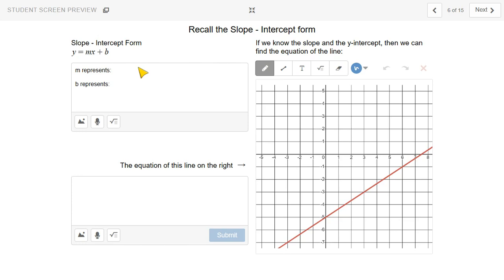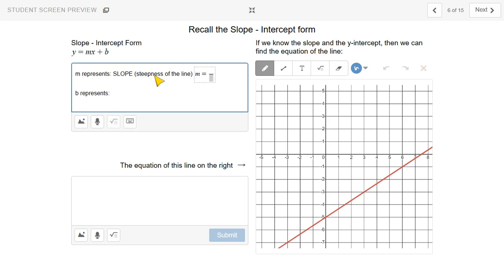All right, our next slide here, slope y-intercept form. Once again, let's remember that m represents the slope. The slope is the steepness of the line. And we use a ratio of the rise over the run to indicate the steepness of the line.